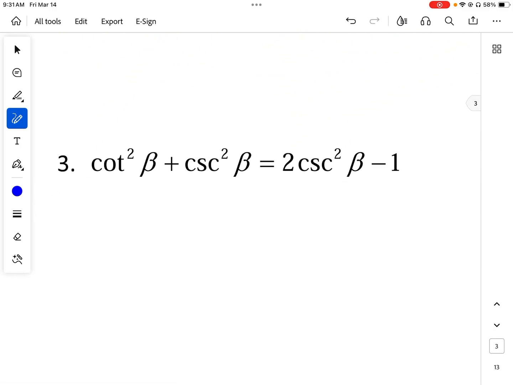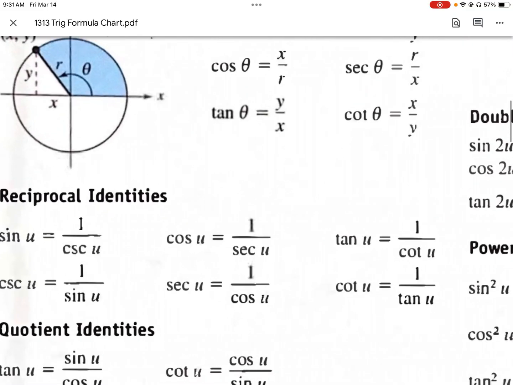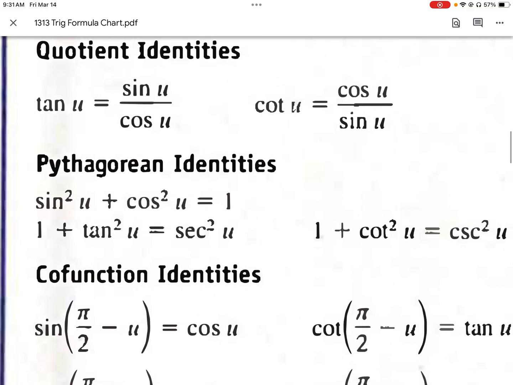Okay, let's go to the next one. Cotan squared beta, cosecant squared beta, 2 cosecant beta. All right, let's see. I'm going to look at this cotan, because that would be like our Pythagorean identity. So I'm going to look back at that.